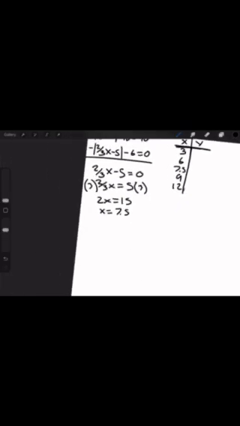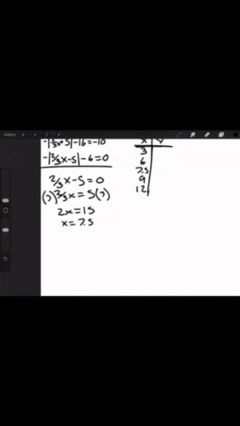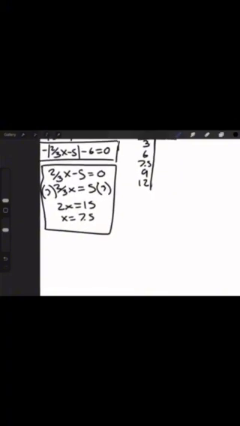Okay, so I'm going to box this stuff off here because this is the original x. But this piece right here, we're going to use to plug all these into. So we can do absolute value of 2/3 7.5 minus 5 minus 6 equals 0.